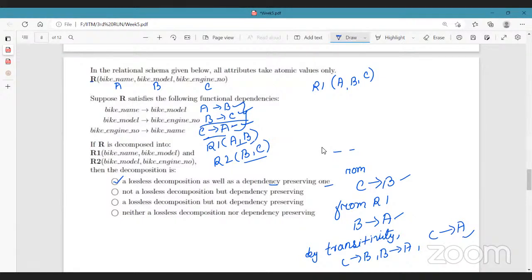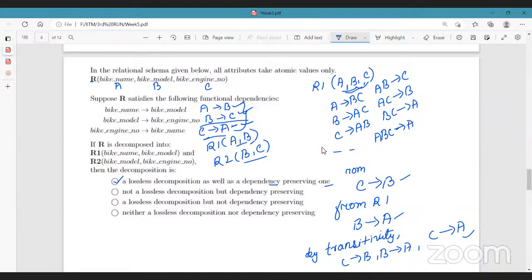When we are checking for dependency preserving, we have to consider all the possible combinations, right? Exactly. Say for example we have A, B, C. So we will get A determines B, A determines C, B determines A, B determines C, C determines A, C determines B, then AB, AC, BC, and then ABC will determine ABC only.